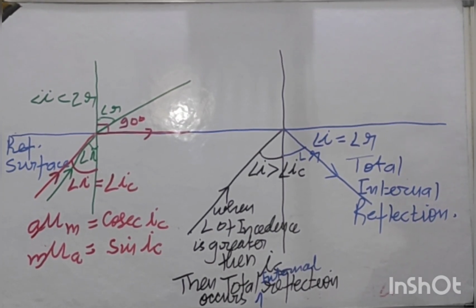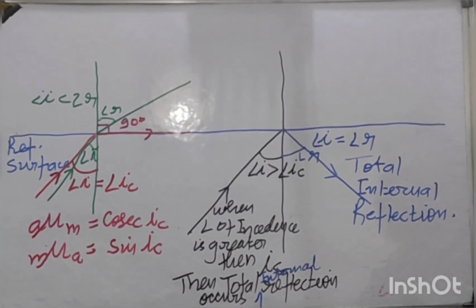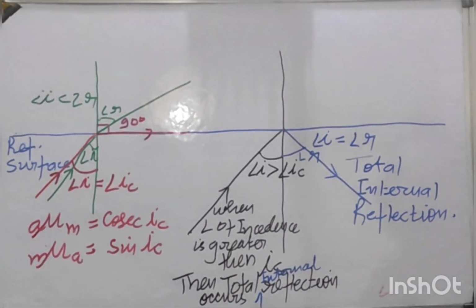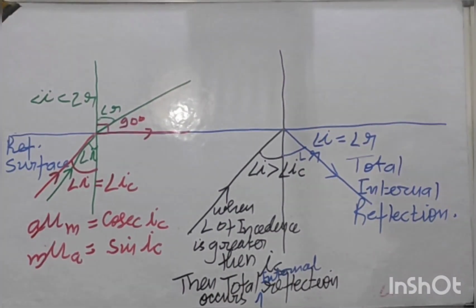So digital signals can move very fast without loss of energy, right? So nowadays you see Jio Fiber, Airtel Fiber, 4G, 5G, right? They all are using these optical fibers. In optical fibers, total internal reflection happens, so the loss of digital signals is less, so the speed is more, and you get clarity in voice, right?